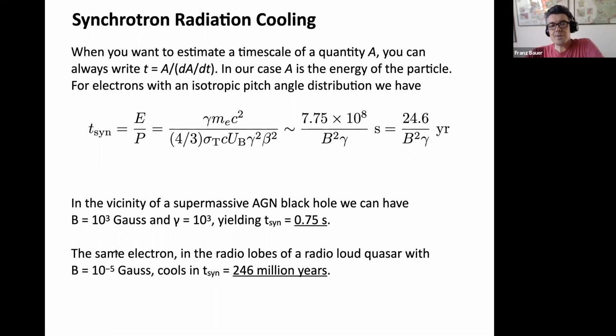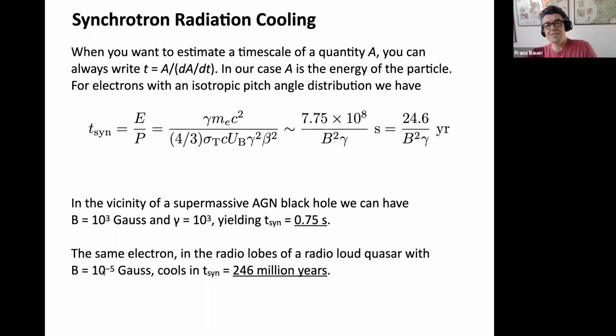If we take that same electron and we now have transported it out into the radio lobe, which is, let's say, 10 kiloparsec, 100 kiloparsec away, the magnetic field in that larger region now is much lower. So the magnetic field is only about maybe 10 to the minus 5 Gauss, similar to the Milky Way field. The speed might still be 10 to the 3. And so you could again estimate the cooling time.